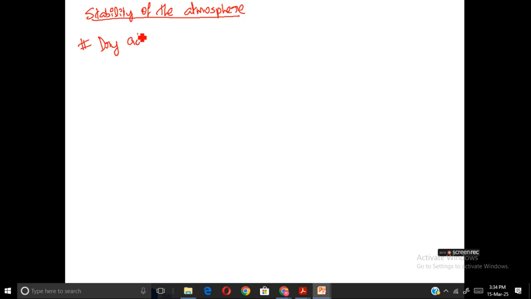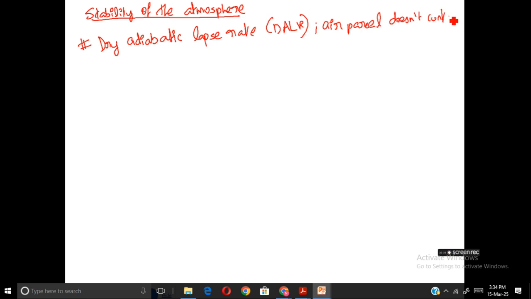So the first one is the dry adiabatic lapse rate, or DALR. In this case, the air parcel doesn't contain water vapor in it.